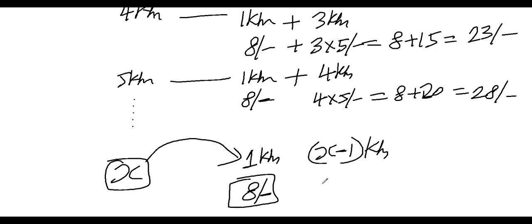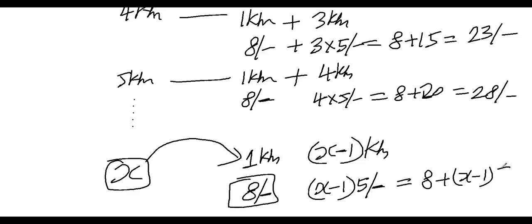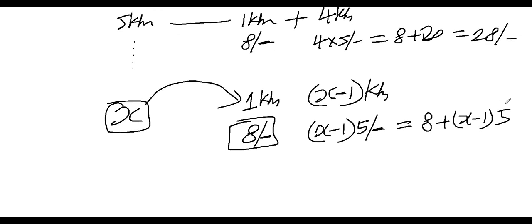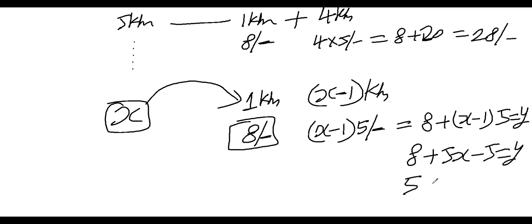This x minus 1 kilometers will be calculated based on 5 rupees per kilometer. So what answer will I get? I will get 8 plus x minus 1 into 5. So this will be your actual fare, which I am equating to y. When I solve it further, I will get 8 plus 5x minus 5 is equal to y. Then the final answer I will get is 5x plus 3 is equal to y.